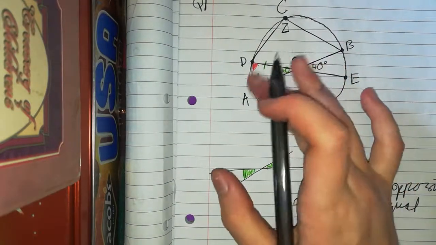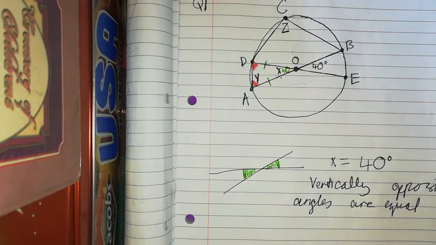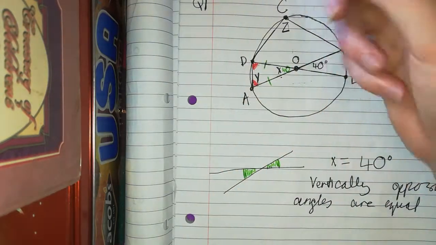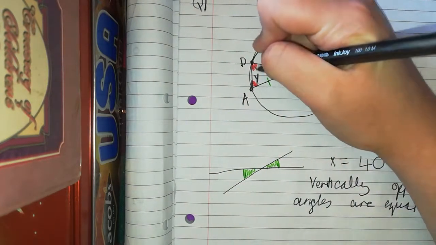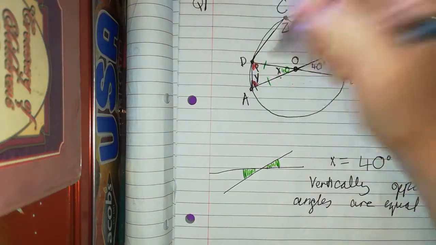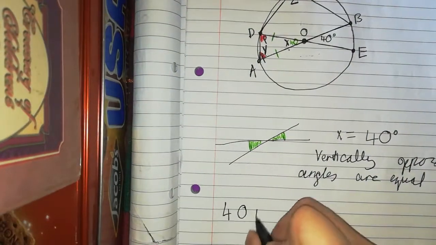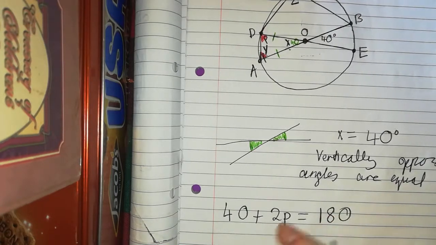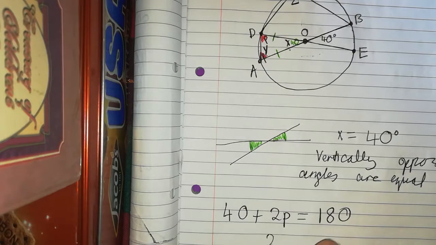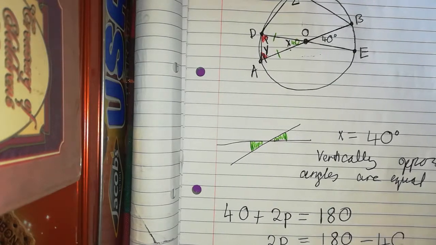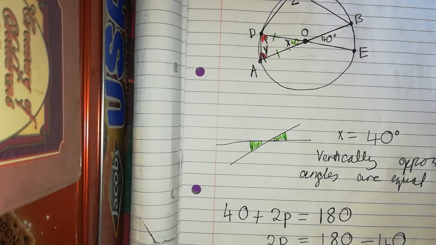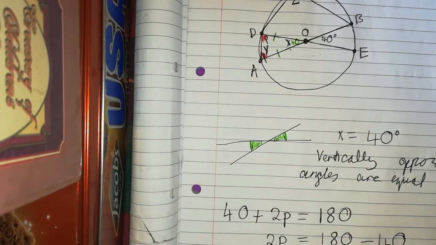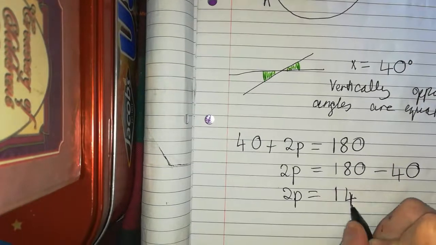So 40 plus 2 of those angles will have to give 180. Say if I let those angles equal P, so that equal P and that equal P. So 40 plus 2P is going to be equal to 180. I just randomly picked P. So 2P is going to be equal to 180 subtract 40, so 2P is going to be equal to 140.